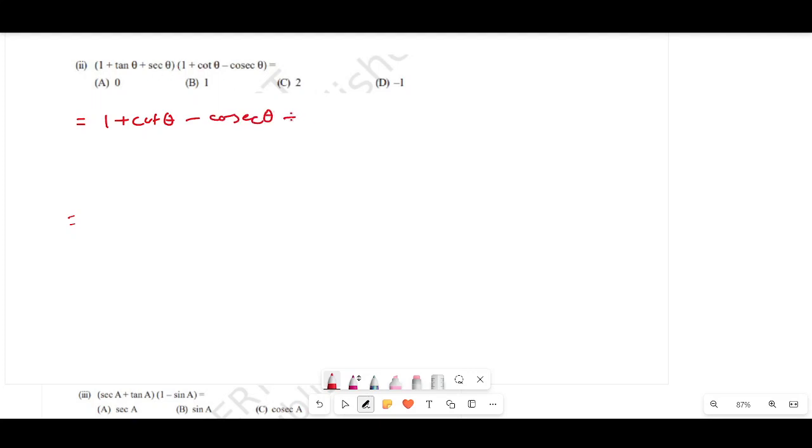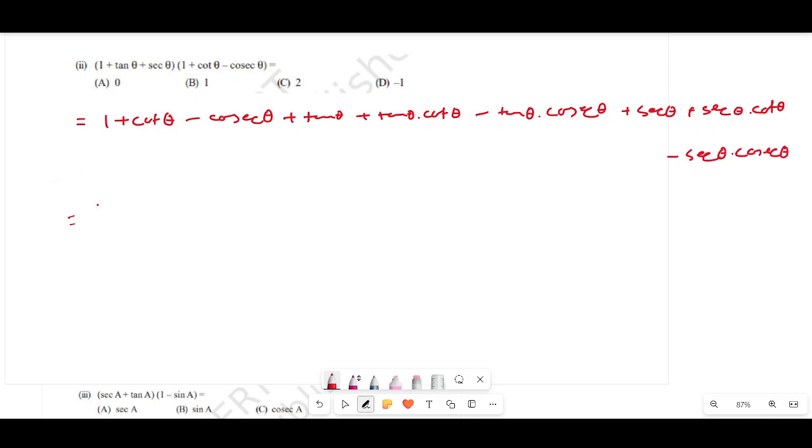If we multiply with tan theta, then it will be tan theta plus tan theta into cot theta, then minus tan theta into cosec theta, then plus sec theta minus sec theta into cot theta, then minus sec theta into cosec theta.